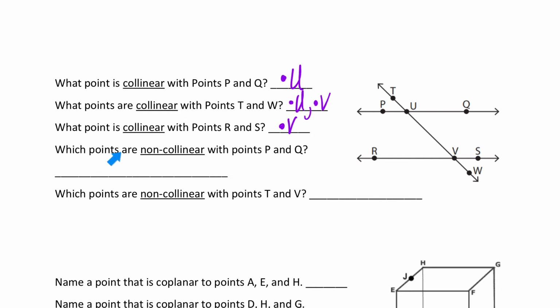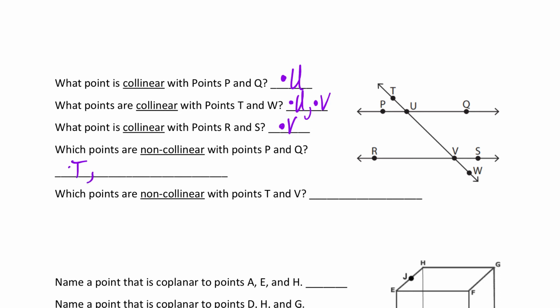Now, this says what points are non-collinear. That just means not on the same line with P and Q. Okay, let's list them all. Points that are not on the same line with P and Q: T, R, V, S, and W, right?